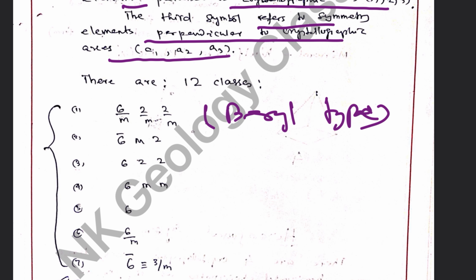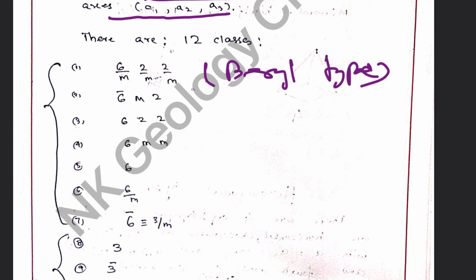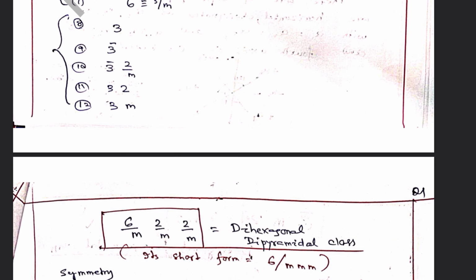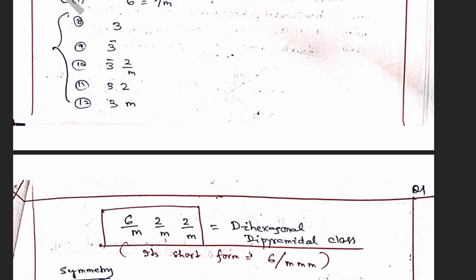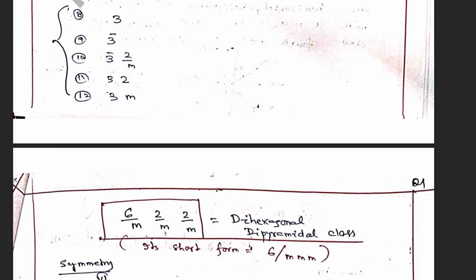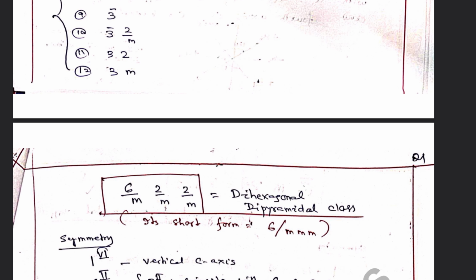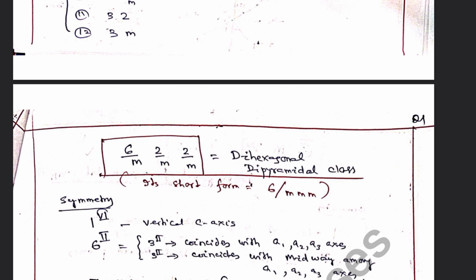Then 6 bar m2, 622, 6mm, 6/m, 6 bar, 3 bar m, 3 bar 2/m, 32, 3m. So these are the 12 classes, and let us discuss these classes with respect to their symmetry elements and their stereographic diagram.